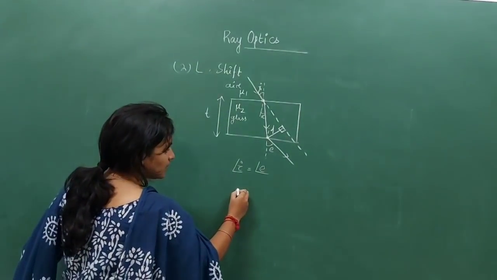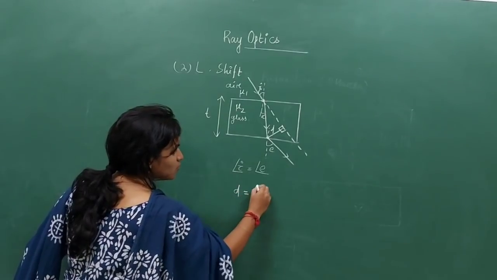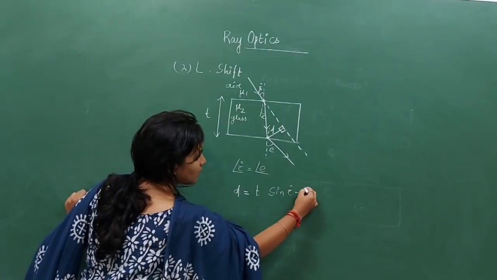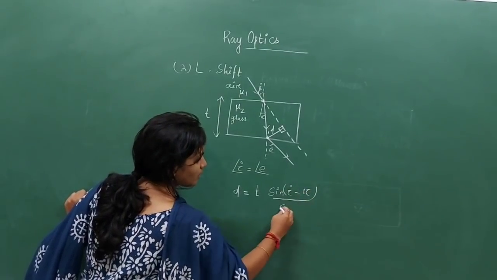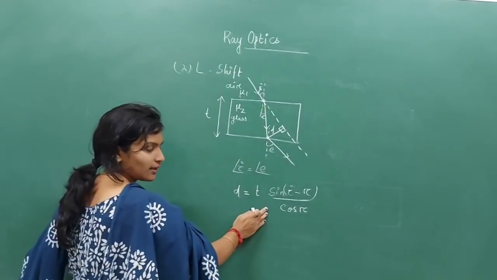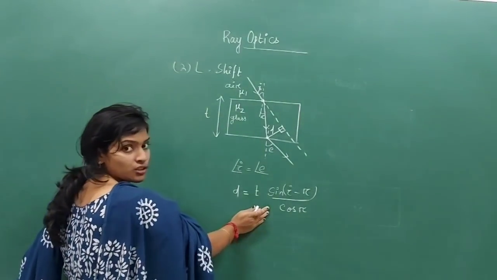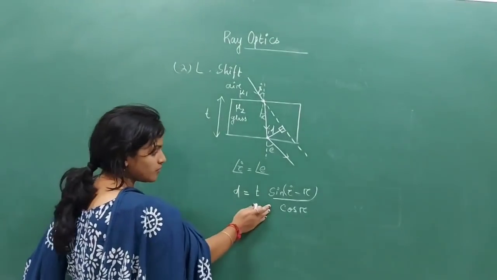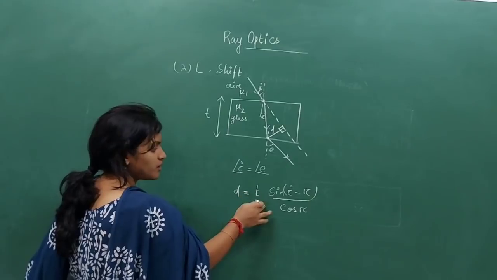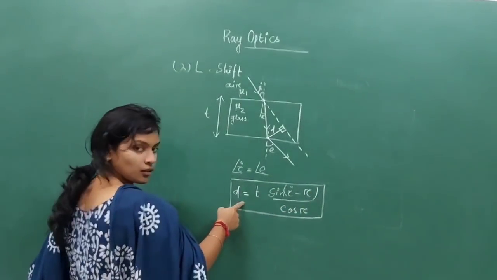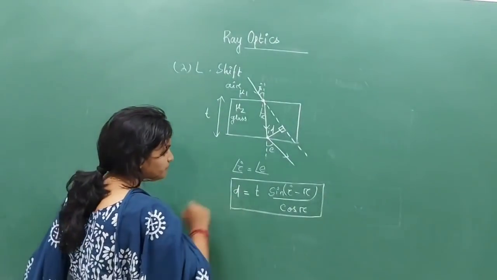And for that, lateral shift D is equal to T into sine of (I minus R) by cos R. I am not deriving that formula right now. You just see your notes from the previous video and derive this formula. I am just giving this formula to remember, to solve numerics.